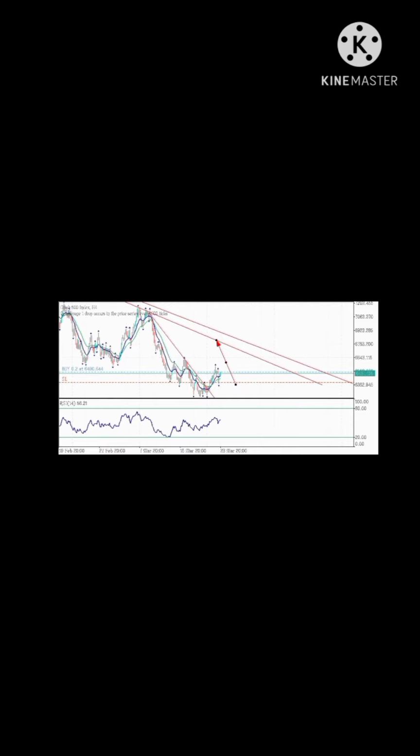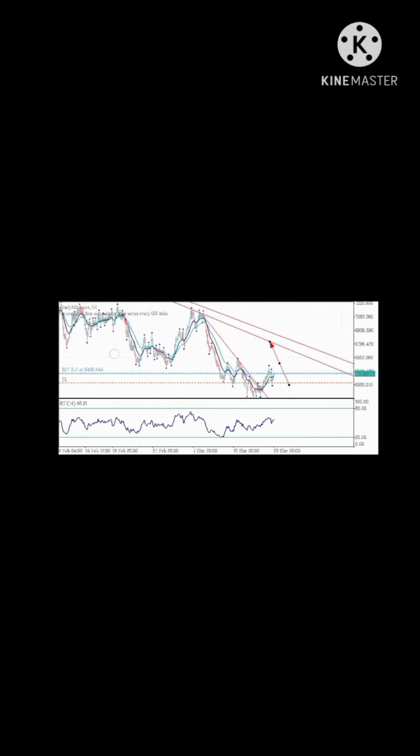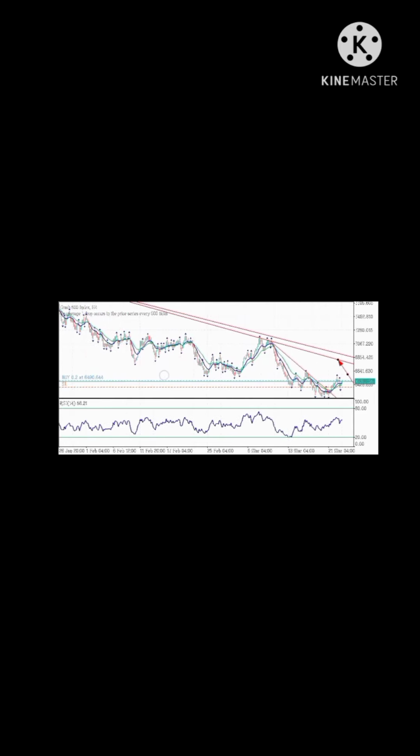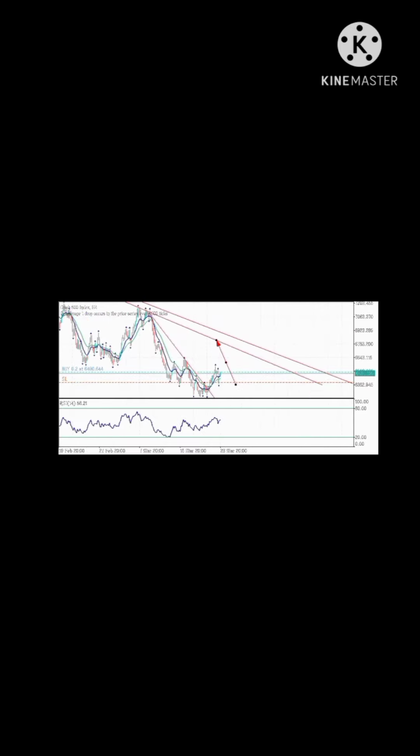So this is not a 4-hour support and resistance. So any resistance you see along this trend line is a strong one, which means if this chart gets to this point, the possibility of crossing that line is very small.